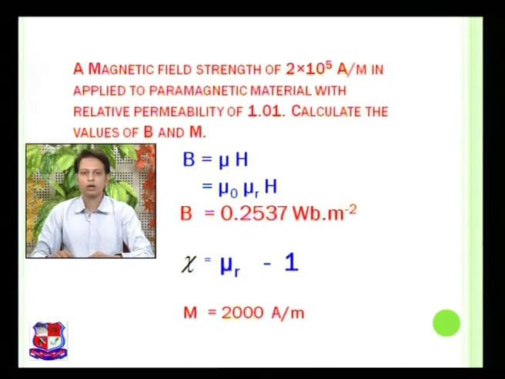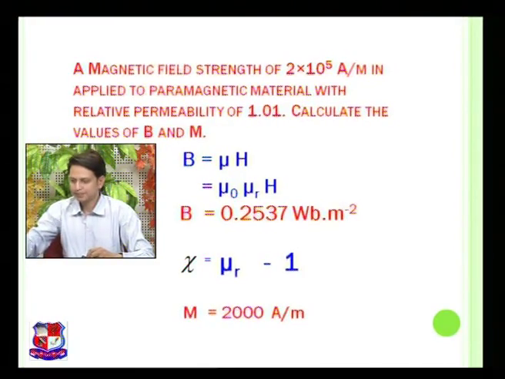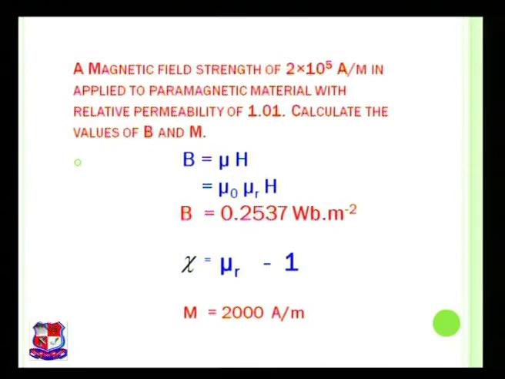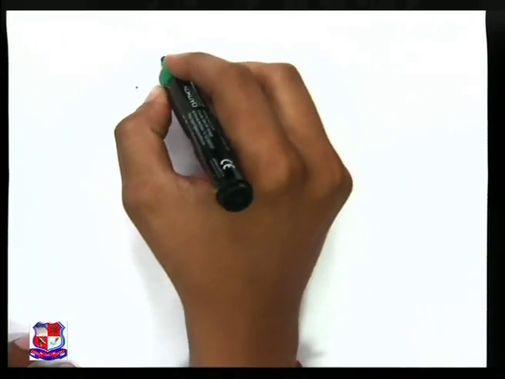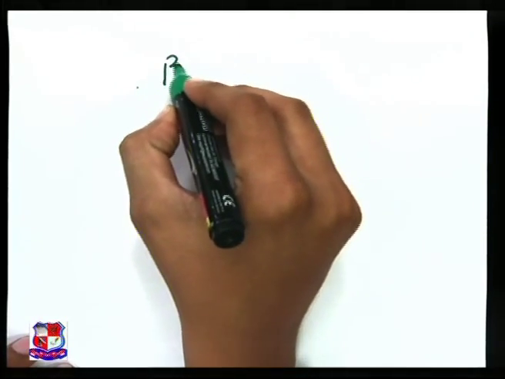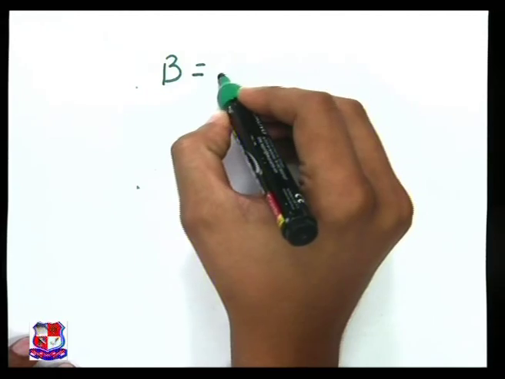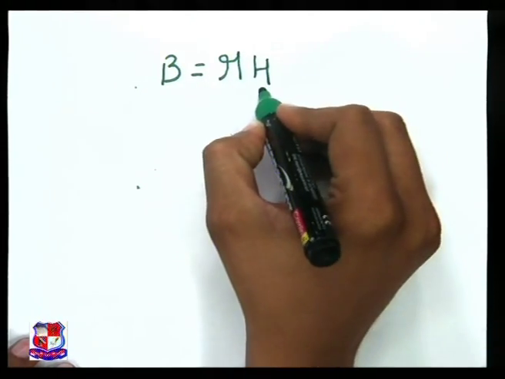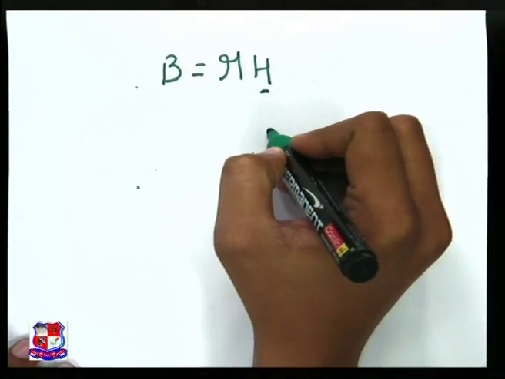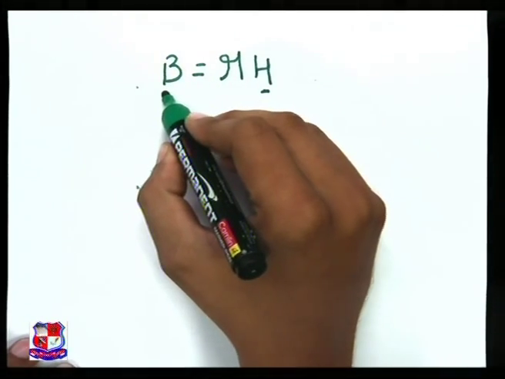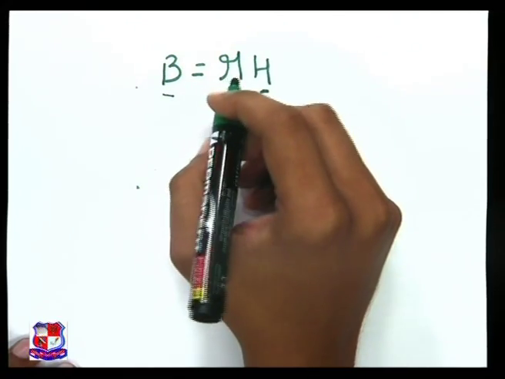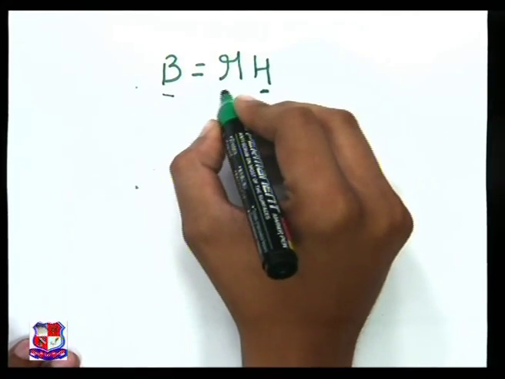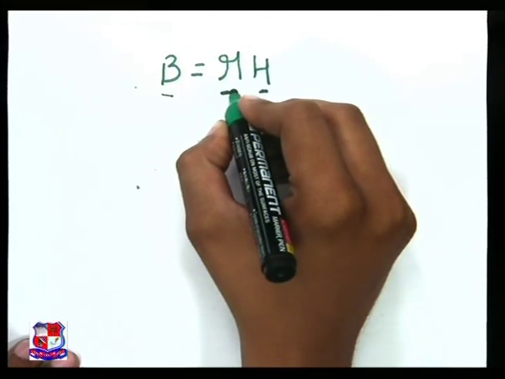Let me show it in the equation through this board. The equation is B is equal to mu into H. Here H represents the applied magnetic field, B represents the magnetic flux density, and mu represents the permeability.